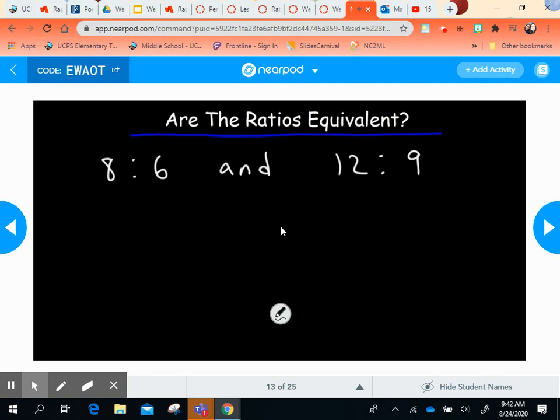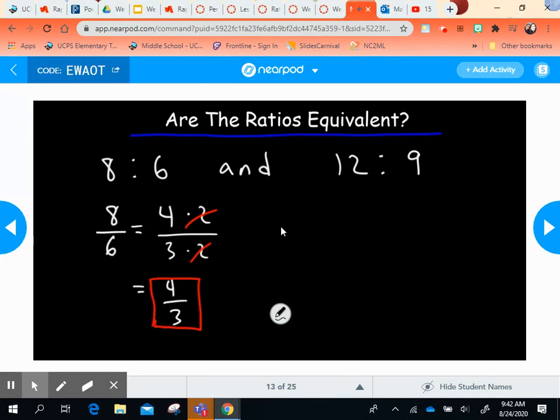So let's start with the first method. 8:6 can be written as 8/6 as a fraction. Now, how can we reduce this fraction? 8 is basically 4 times 2. 6 is 3 times 2. So if we cancel a 2, we can reduce 8/6 to 4/3. Now, let's do the same with the other ratio. 12:9 we can write as 12/9.